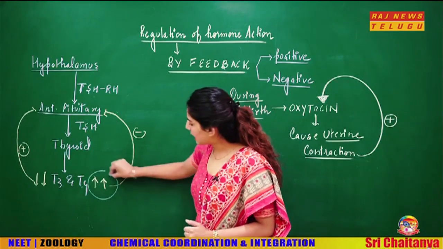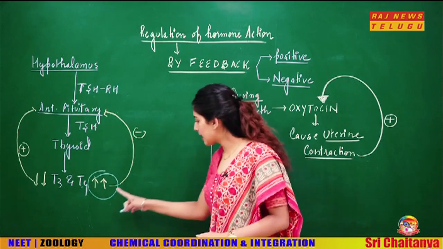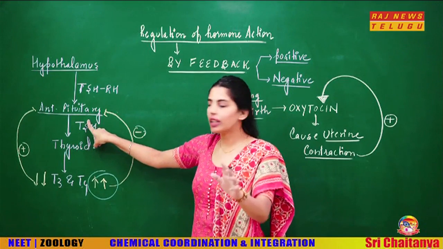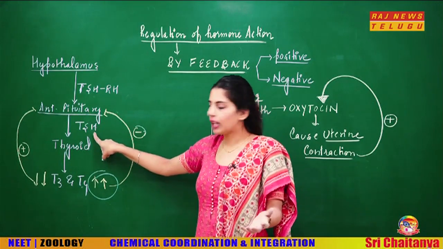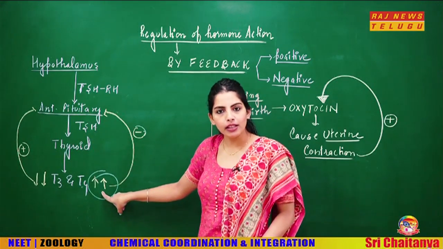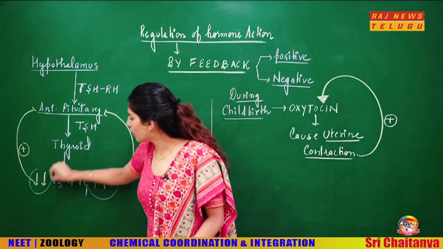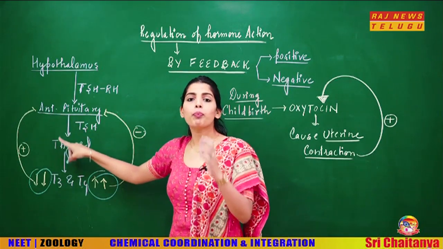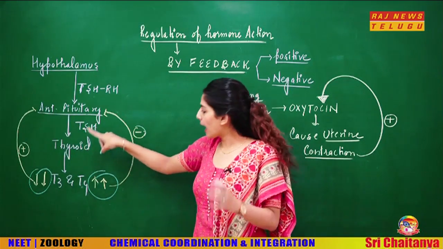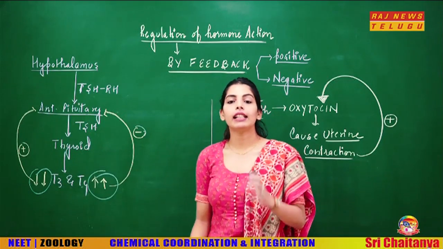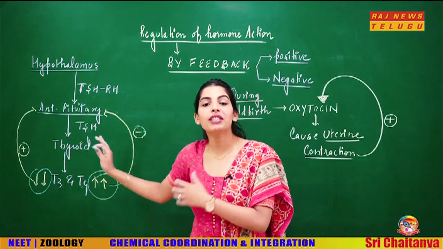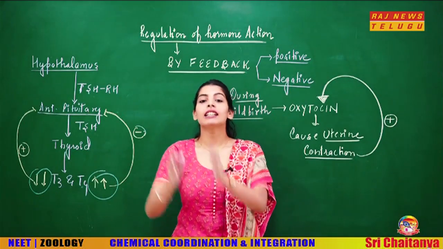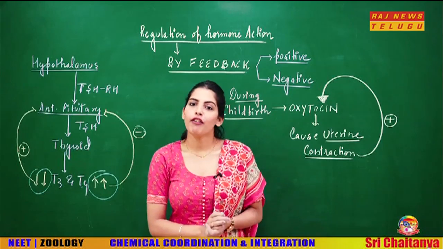Suppose it is present in large amount, it is itself going to give a negative feedback to the anterior pituitary so that no TSH is released, so that the level comes back to normal. In the same way, if the level is low, it is going to give a positive feedback to the anterior pituitary to produce more TSH, to act more on the thyroid so that the level is increased. This we have discussed already. So that means your hormone level itself can give a positive or a negative feedback.